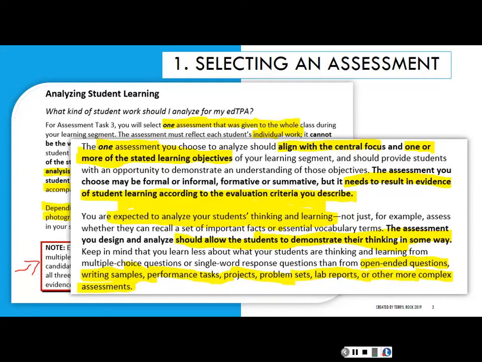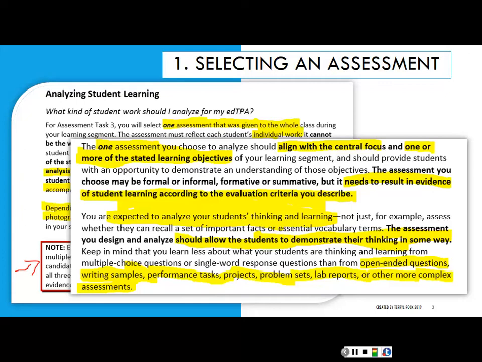So don't pay attention to that; somebody wrote that without thinking. So it can be formal and formative or summative. It doesn't have to be something that happens at the end. It can be something that happens in the middle. But it needs to result in evidence according to the evaluation criteria that you choose. And we're going to talk about that.